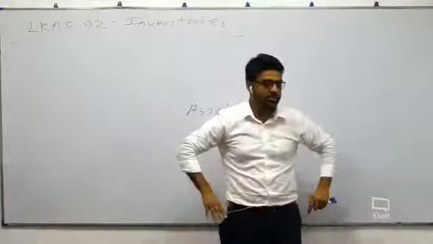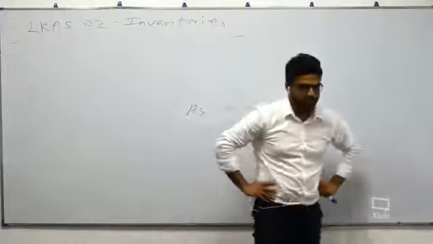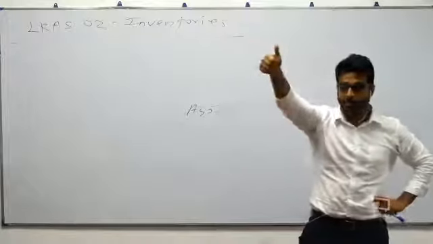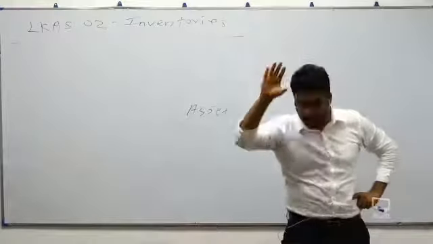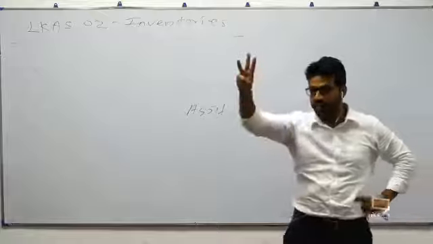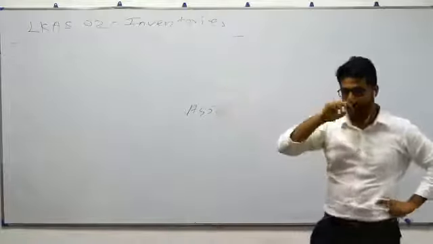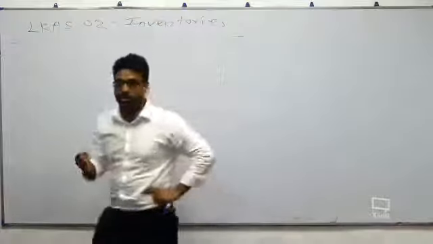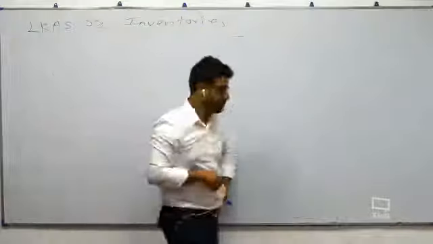How many headings have we completed? 3. Again, quickly name the 3. Definition of inventory. Second, costs that are included in the cost of inventory, of which there are 3 types. Then the last one we have discussed: costs that are not included, not added to the cost of inventory. Guys, the 4th one.